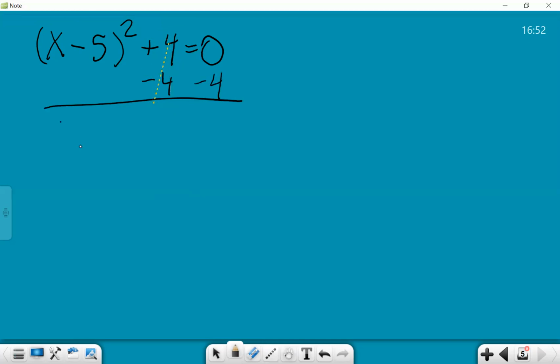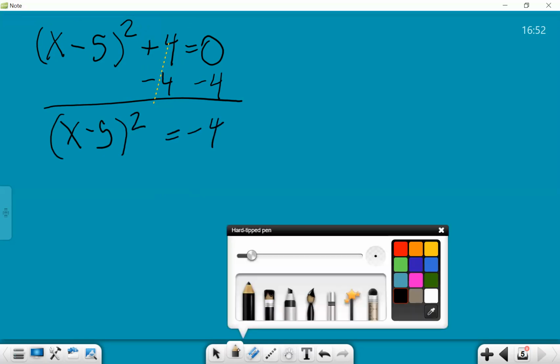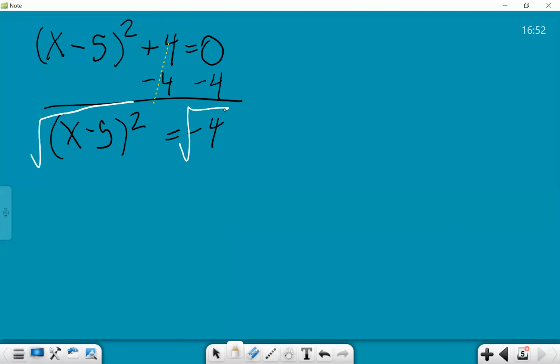That's going to give me x minus 5 squared equals negative 4. Take a square root to get rid of the square. And whenever I take a square root, I'm going to do plus or minus.